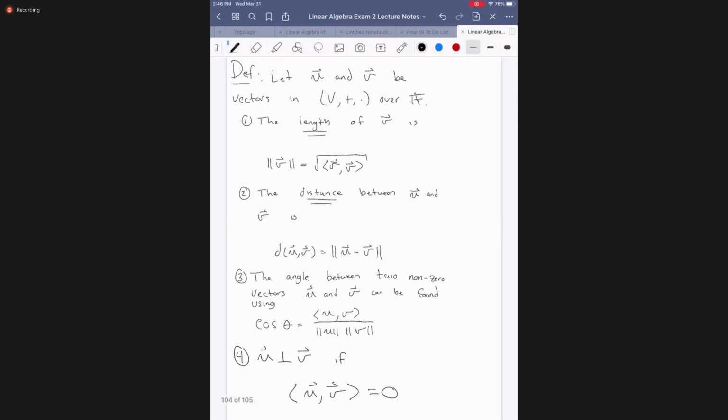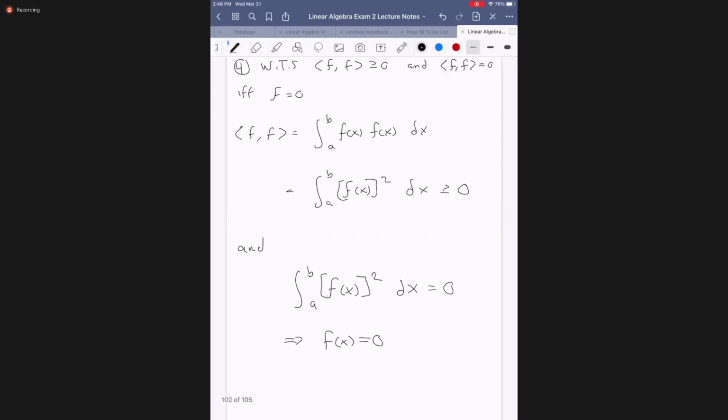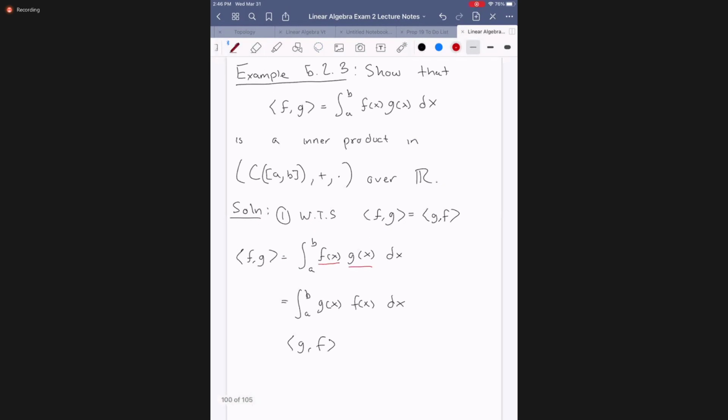What I mean by standard is this one right here. I'm always going to refer to the standard inner product for continuous functions as this thing right here.